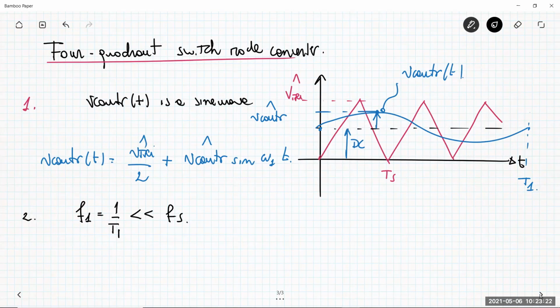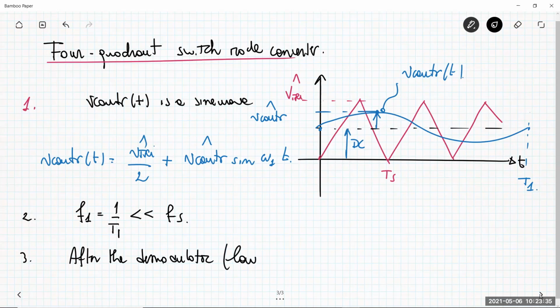If we respect this consideration, the output after the demodulator, which is a low-pass filter, the output voltage that is extracted from this low-pass filter is an average voltage, which has a peak value and has the same frequency as the input.